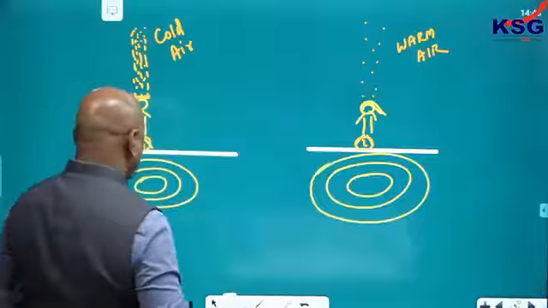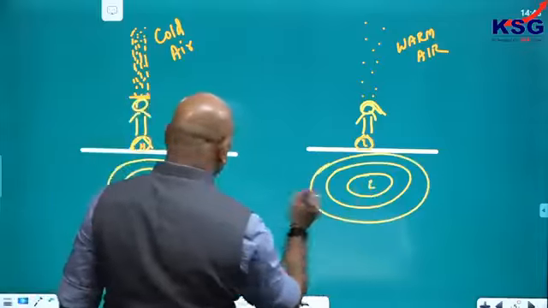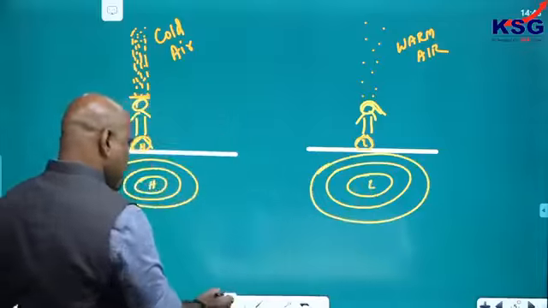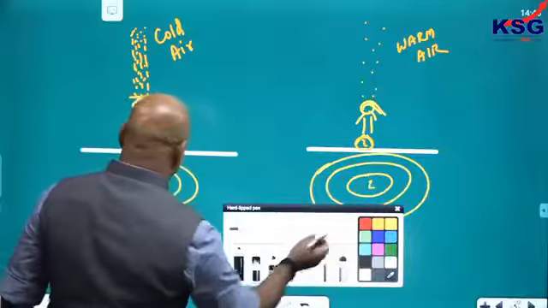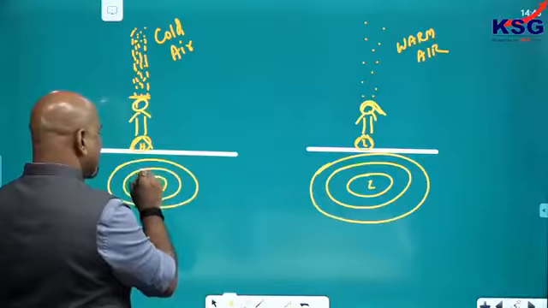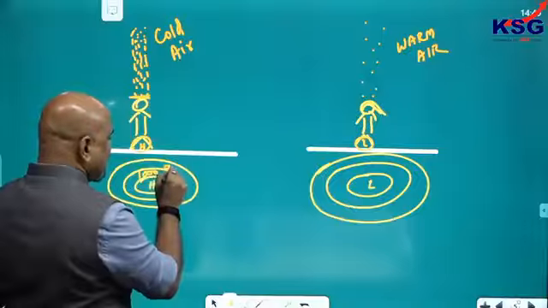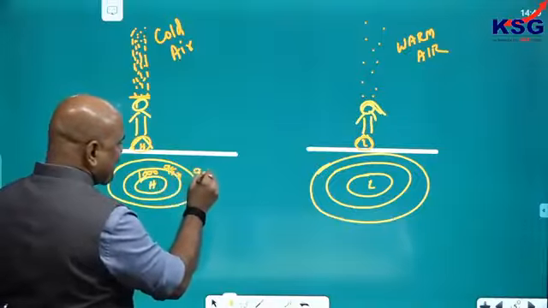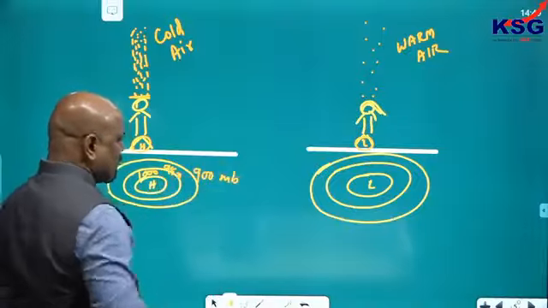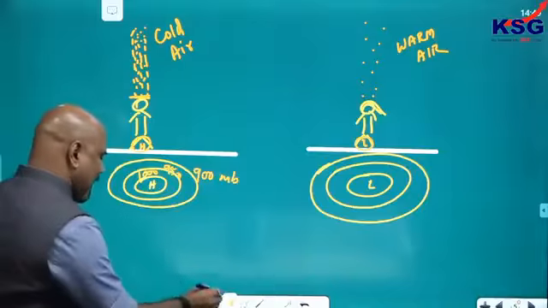For example, here you have lowest pressure at the center, highest at the center here. So it must be like, if I give an example, 1000 millibar, 950 millibar, 900 millibar pressure. These lines are known as isobar.